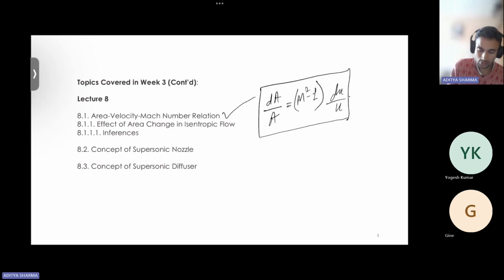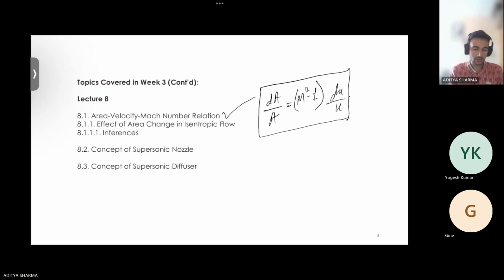Then there was the effect of area change in isentropic flow, which was discussed, and then there were inferences based on this relation. Different cases were mentioned or discussed.